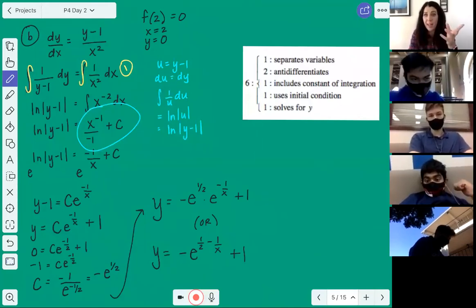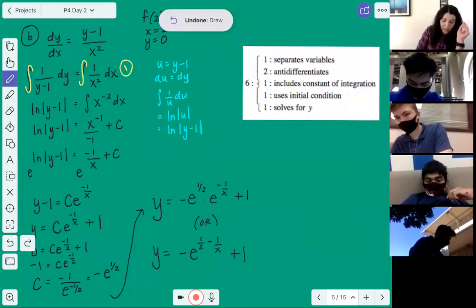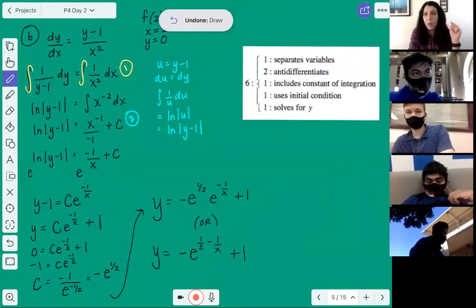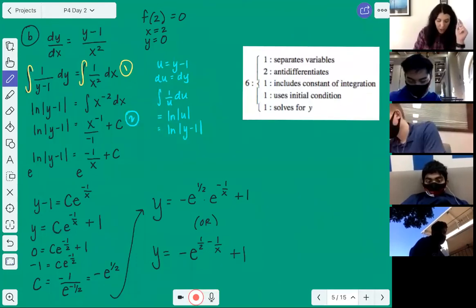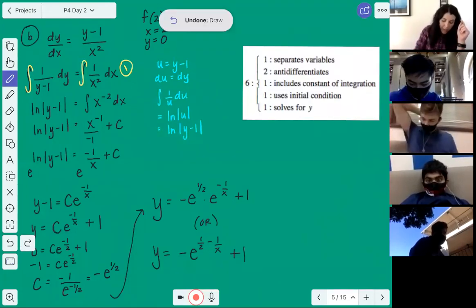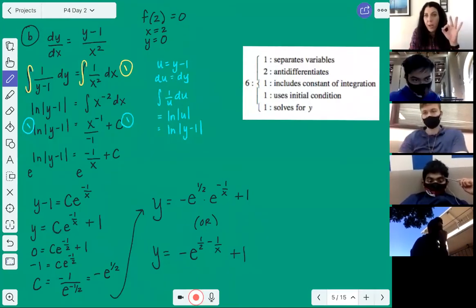So if you forgot a plus c and absolute value, you have max 1 point. Right now, there are 2 points available from this step. So 1 point for each side. So right now we have 3 points.